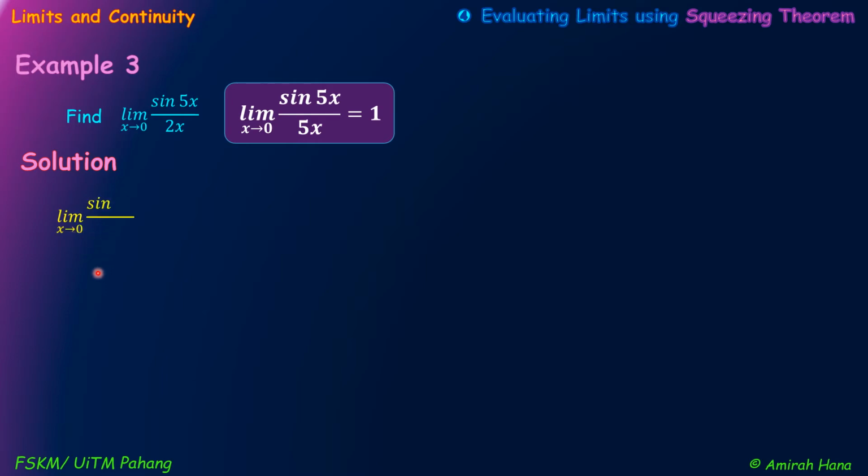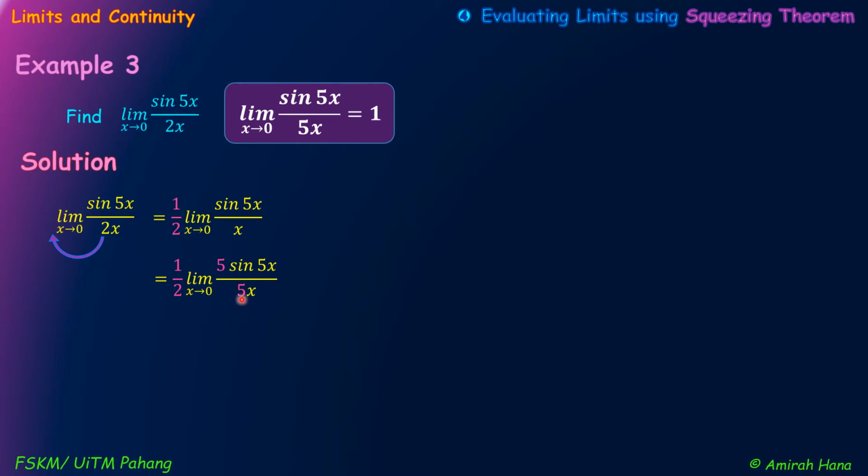So what should we do? The best way is to move out constant 2 from the denominator. Then we get half limit x approaches 0 of sine 5x over x. Now our goal is to make the denominator exactly equal to the angle of sine. We need to multiply the denominator by 5 so that we get 5x.